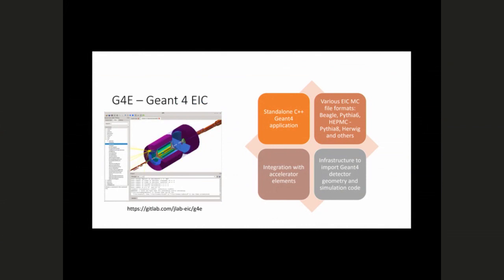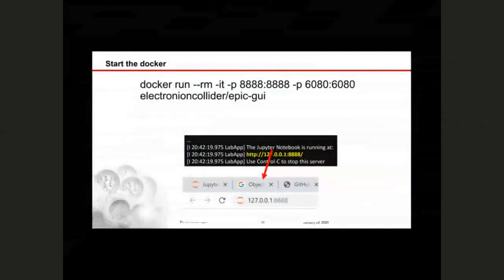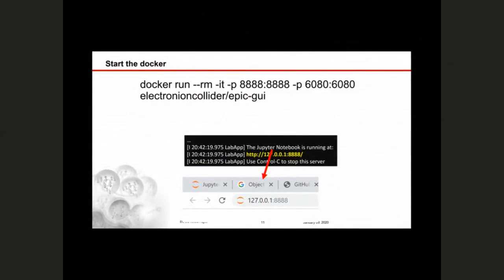And the idea of this software, behind what is written over here, is that it can open several EIC-related Monte Carlo files, so you can compare different things with one simulation package. For this tutorial, we'll also use JupyterLab, which is now pretty popular. And yes, let's dive in, and we'll go through everything while we're doing it.